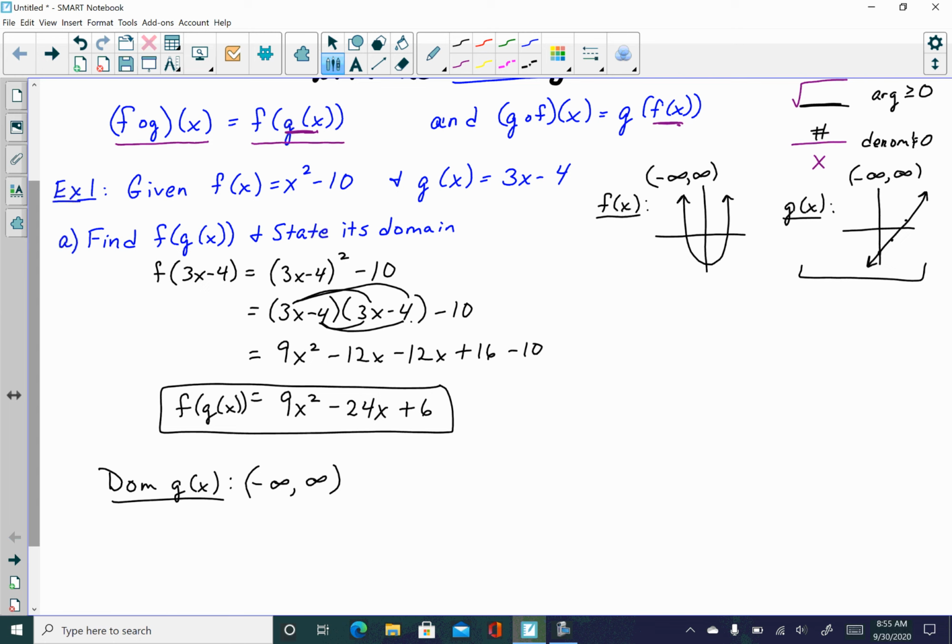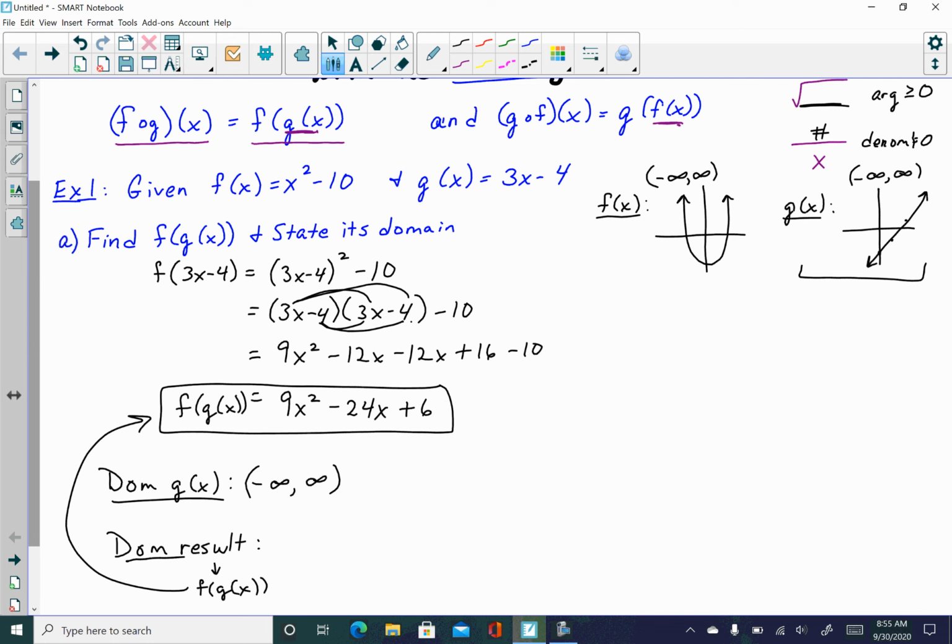Then I also need to look at the domain of my result. When I'm speaking about the result, I'm talking about f of g of x. I'm talking about this function right here. Looking at this function, it doesn't have a square root in it. It doesn't have a denominator.